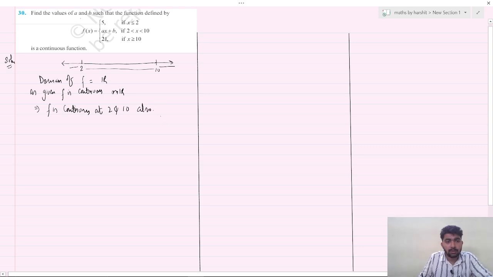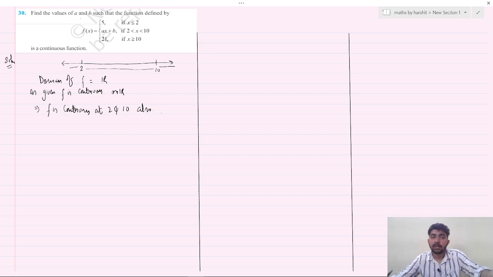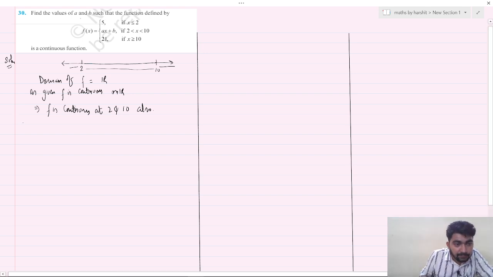If it is continuous at 2 and 10, then we will proceed by the LHL, RHL and f of 2, LHL, RHL, f of 10. We will equate them, and then we will find the relation between a and b. Actually, we have 2 unknowns, so we require 2 equations in a and b.